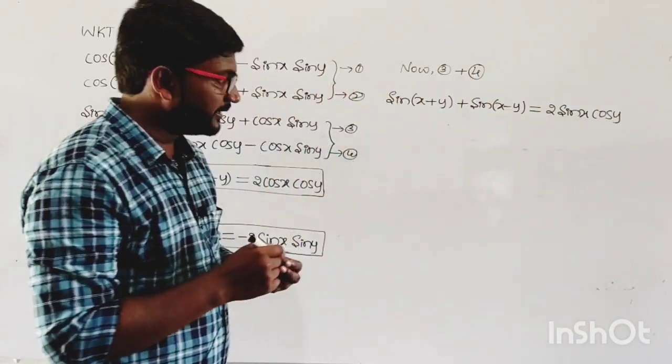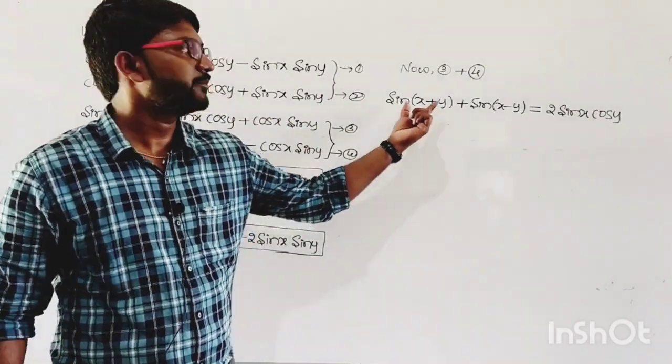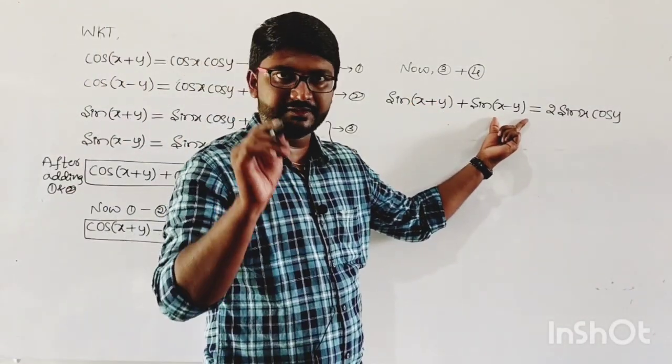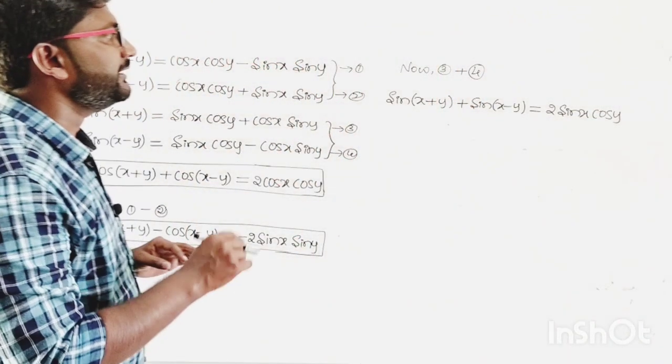Or else if you take the angle A and B, we get sine of A plus B plus sine of A minus B, which is equals to 2 sine A cos B. So the angle can be anything.